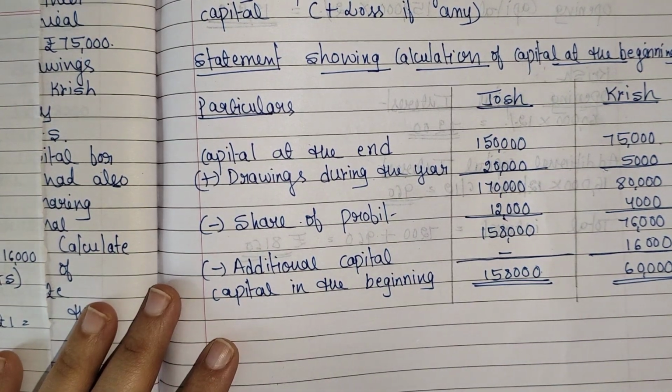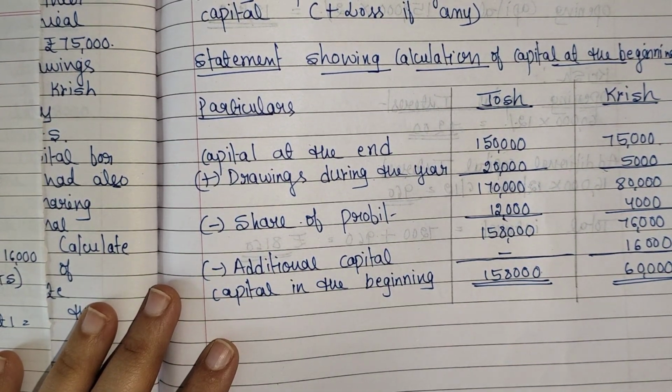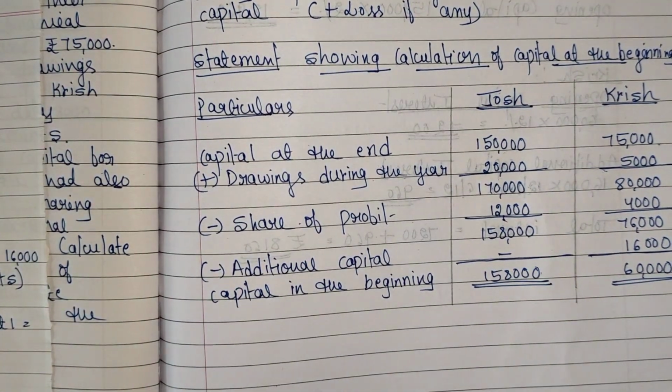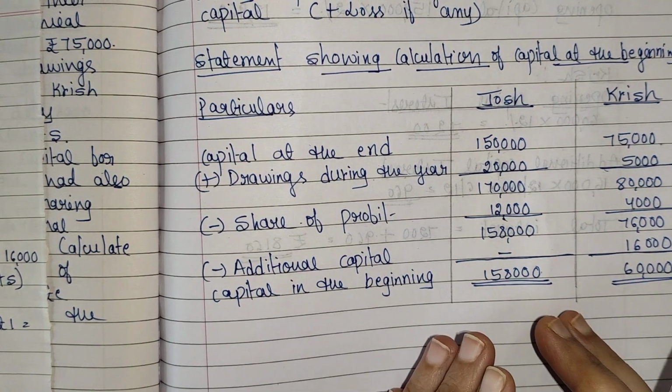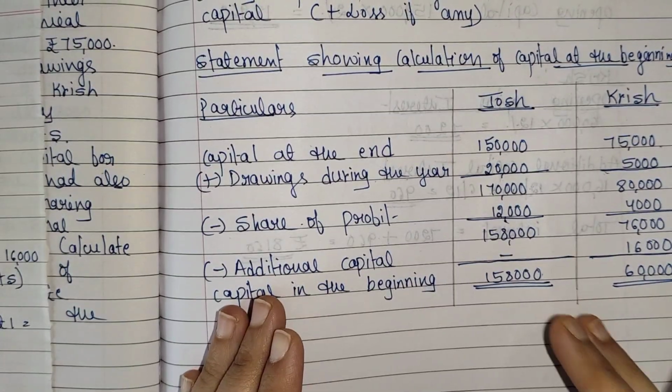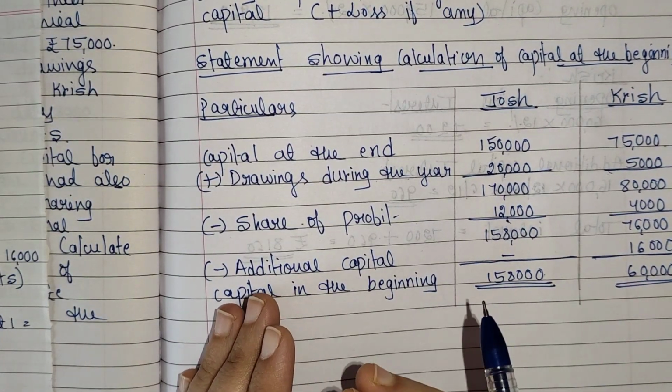If the question had said, for example, interest on drawings at 10% per annum, then the interest on drawings would already have been debited to the partner's capital account. So in that case, while finding opening capital, we would add both. Clear?